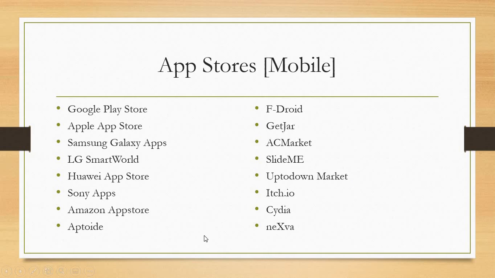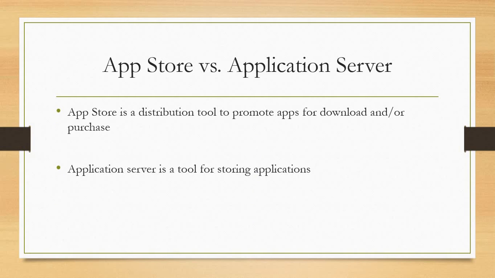Again, this is just a small feature of all of the many app stores available on a mobile device. So what's the difference between an app store and an application server? An app store is just a distribution tool to promote apps for download and or purchase, whereas the application server is where those applications are being stored.